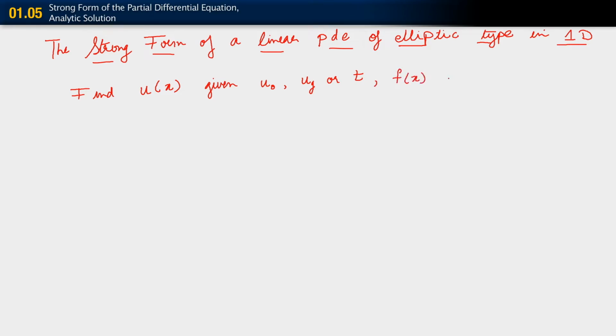function of x, and the constitutive relation, and that constitutive relation is sigma equals E u comma x.